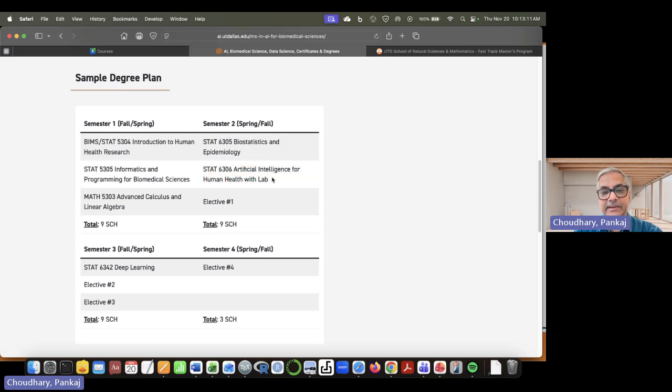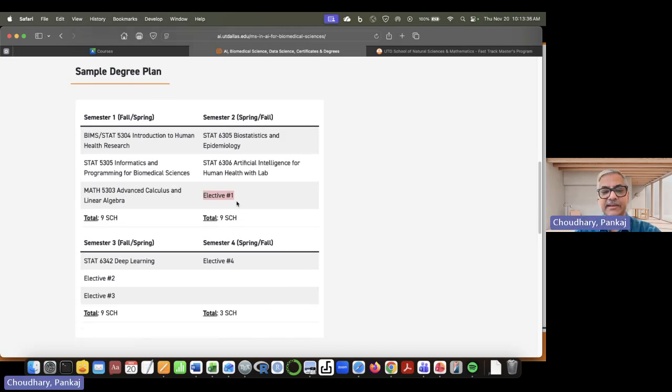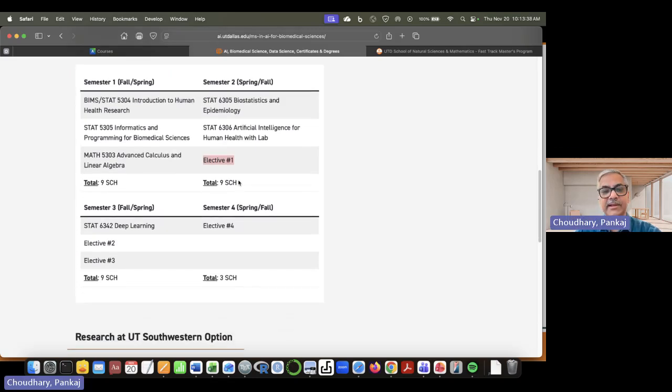And here, this is going to be a very hands-on course because it has a lab component. So you will learn these AI techniques, data science techniques, or machine learning techniques, and then you will get to apply these techniques on real data, to gain hands-on experience. So these are two core courses in semester two. You have room to take an elective in the second semester, and this is another total of 9 credit hours.